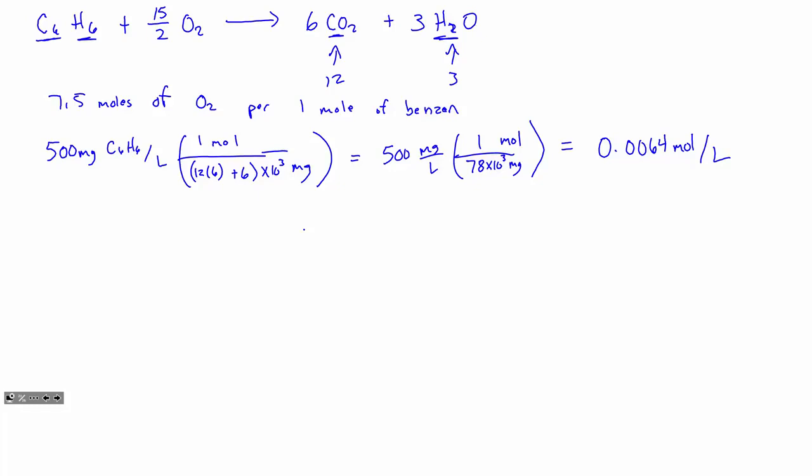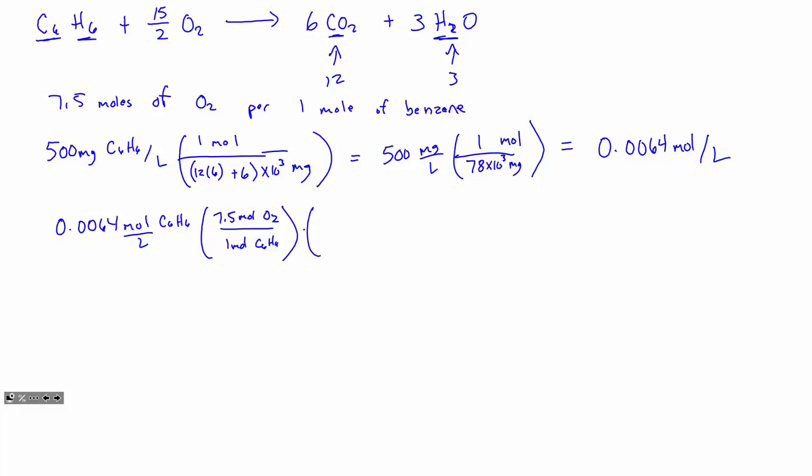So now that we know how many moles we have and we know how many moles of oxygen are required for 1 mole of the benzene, then we can say 0.0064 moles per liter of C6H6 times 7.5 moles of oxygen per 1 mole of benzene.